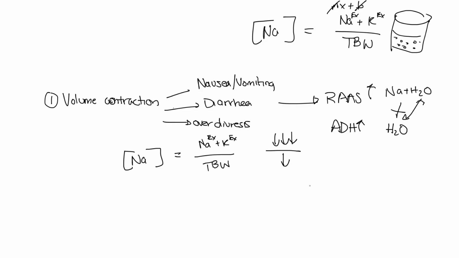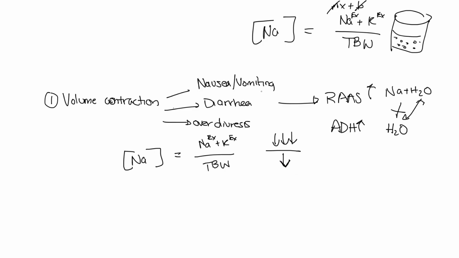And why is that? Well, nausea, vomiting, diarrhea, and diuresis are leading to salt losses, but then our body tries to retain water. Now, there is a caveat to this that I think we need to be aware of.